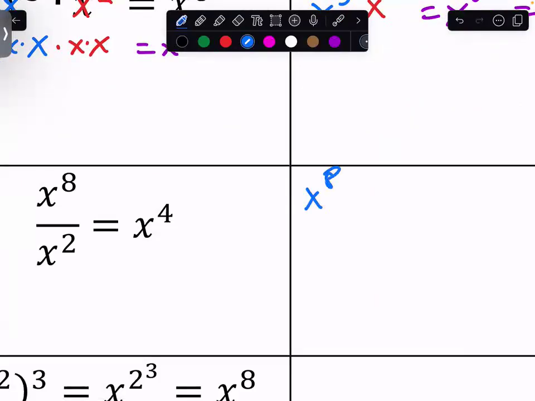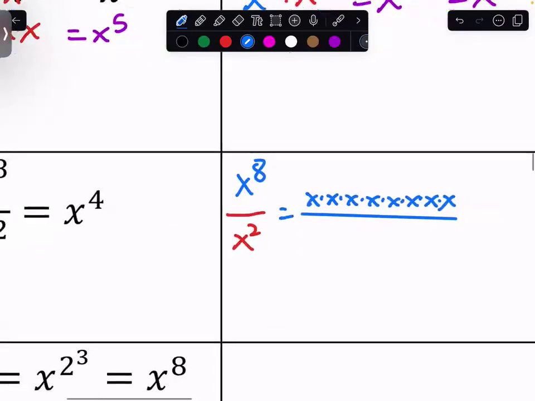So x to the 8th over x to the second. The x to the 8th means we have 8 x's all multiplied together. X to the second means we have 2 x's multiplied together.